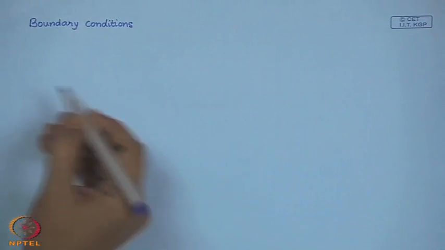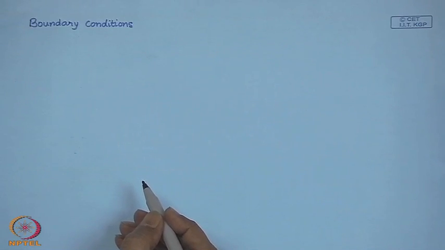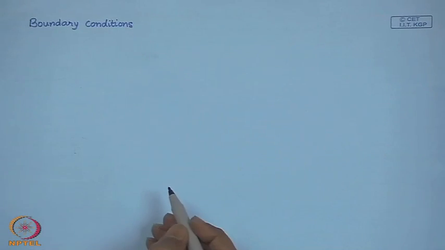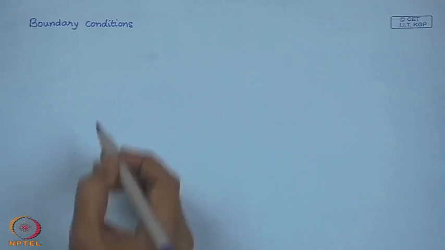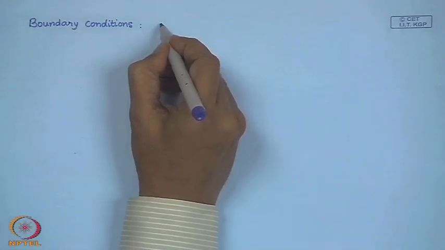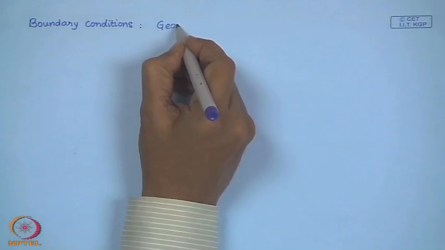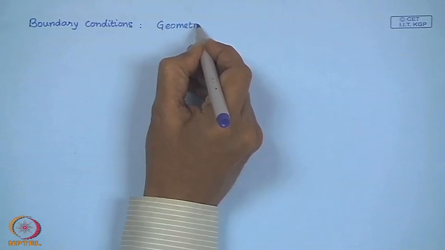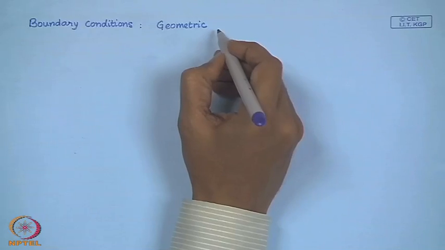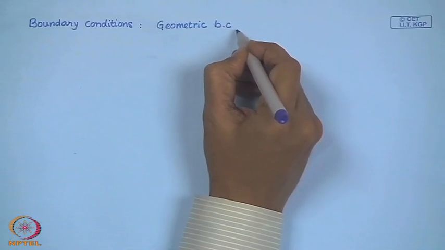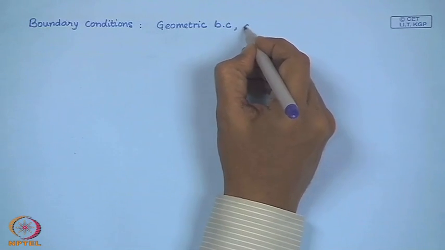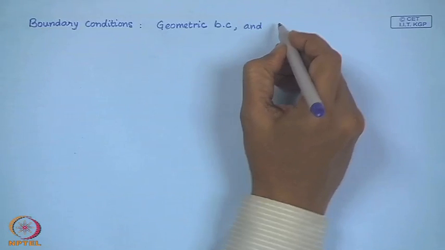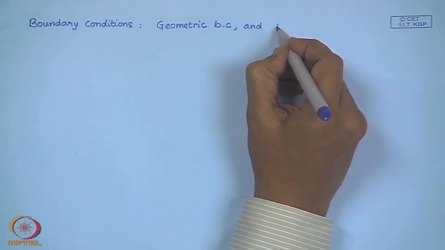Now, as we have discussed before, these boundary conditions are of two types: geometric and natural.